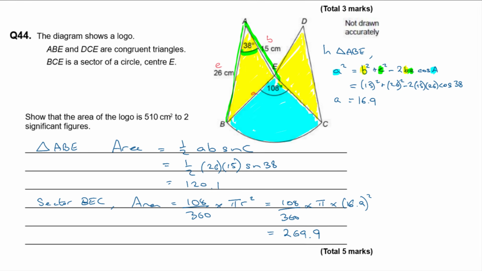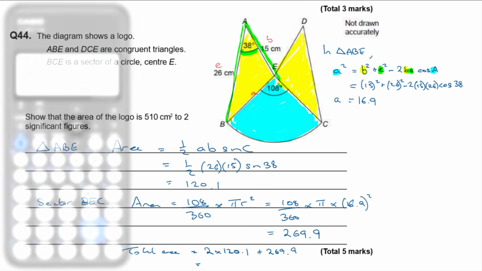So then the total area is going to be 2 lots of the area of the triangle, which was 120.1, plus the 269.9, which we found the sector to be.